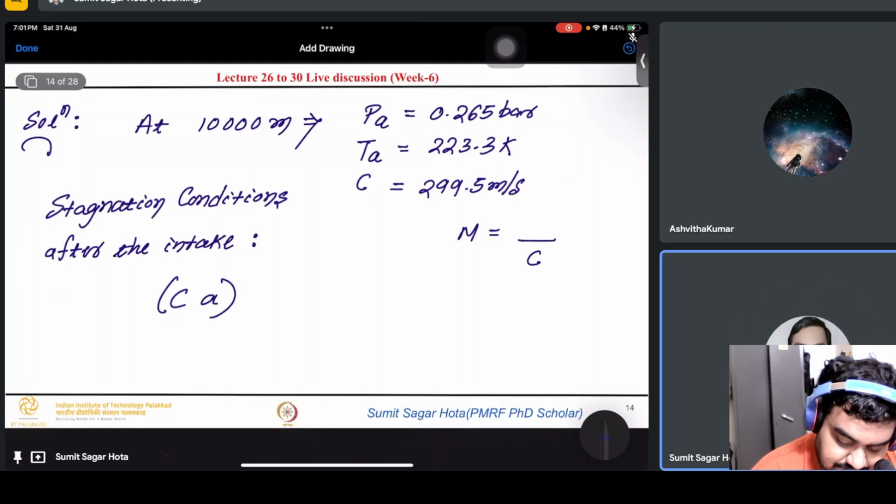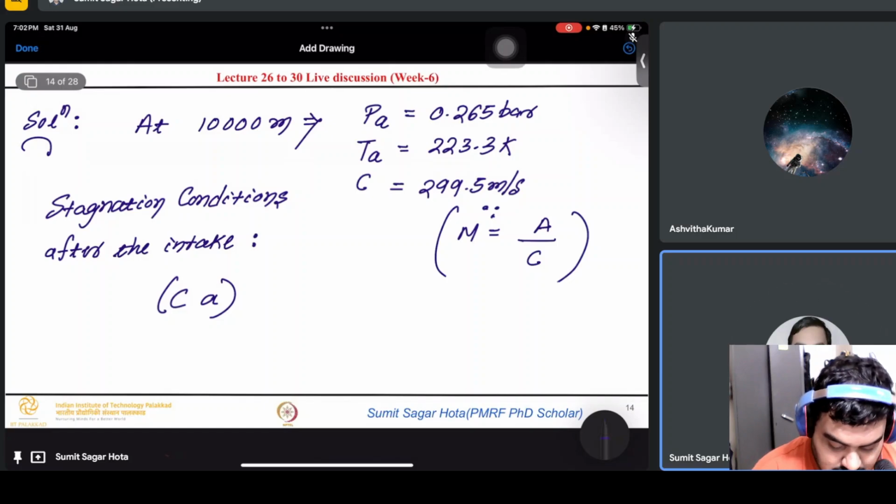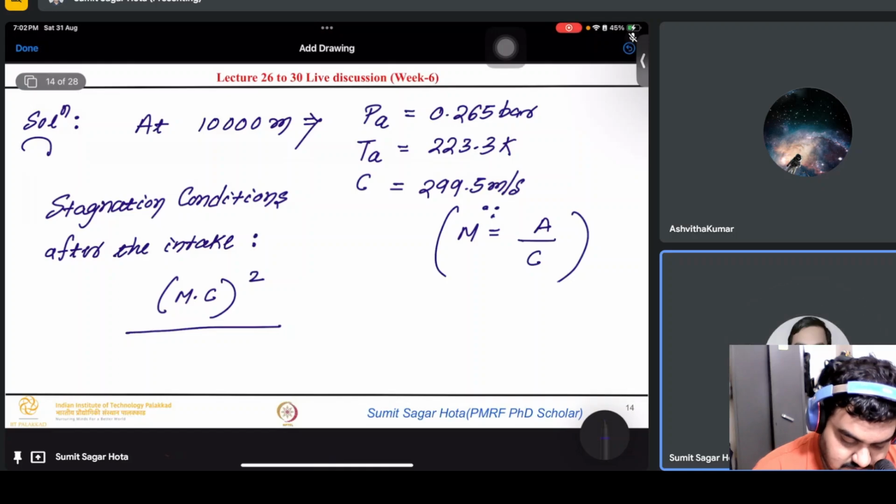This is your actual velocity divided by sonic velocity. To find the actual velocity, you have to multiply M into C, that is your actual velocity. So M into C whole square divided by 2 cp.